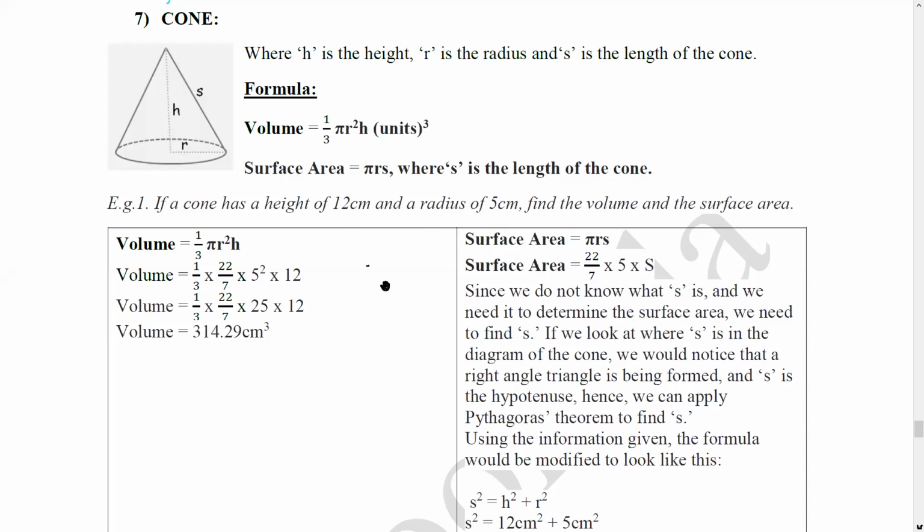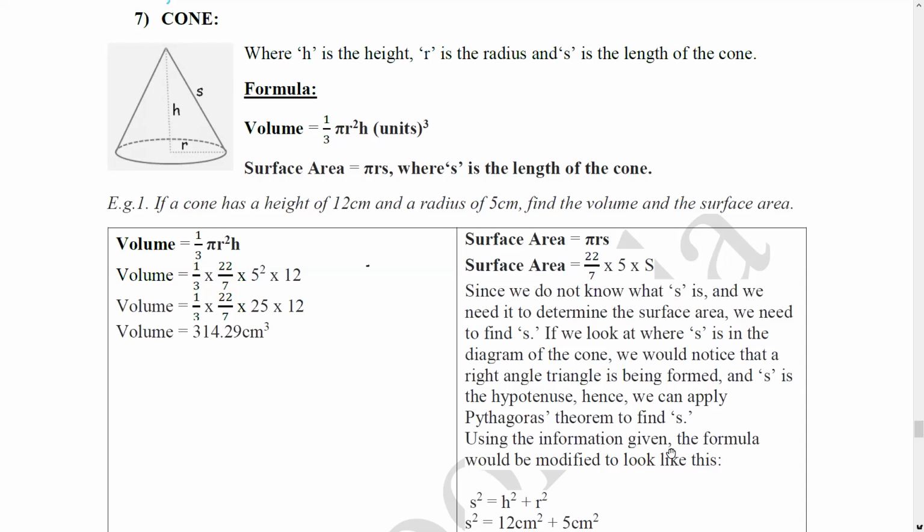So if we look at where s is in the diagram, Shalanda, this is a right angle triangle, right? And s represents the hypotenuse. The hypotenuse is the longest side of a right angle triangle. So we need to find s. And the formula to find the hypotenuse is the Pythagorean Theorem, which says that the square of the hypotenuse is equal to the sum of the squares of the other two sides, which we did in a triangle handout, right?